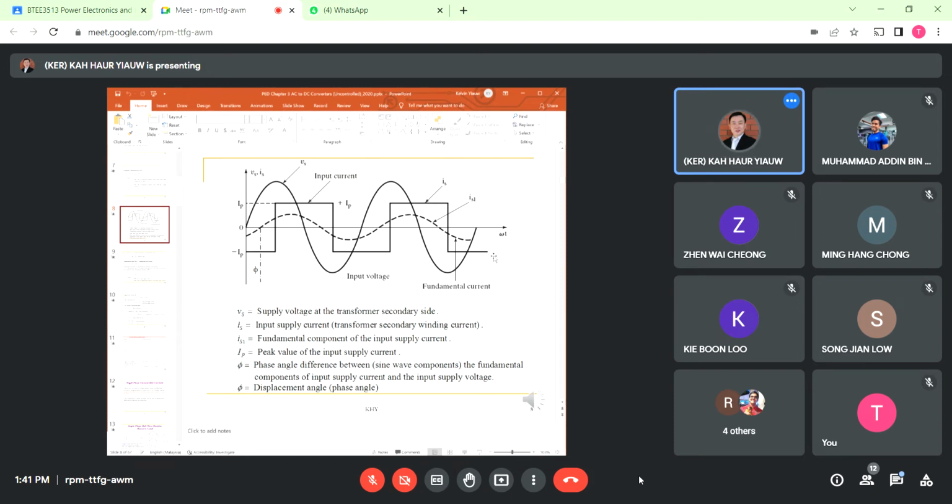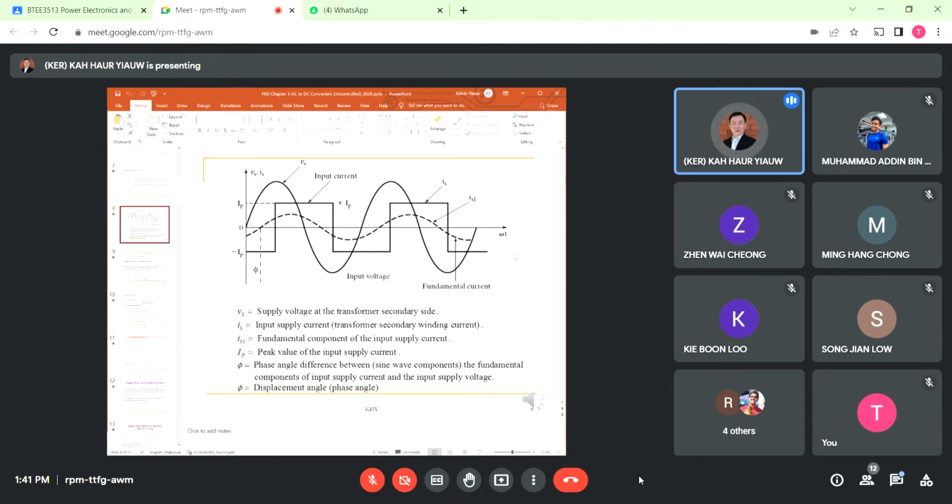So this is the same thing. In this figure, the dotted sine wave is your fundamental current IS1, at 50 hertz, extracted from this square wave.